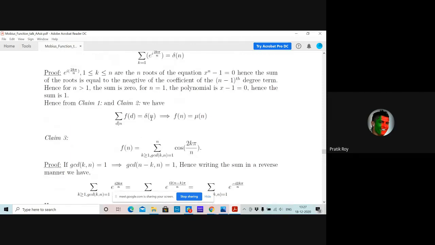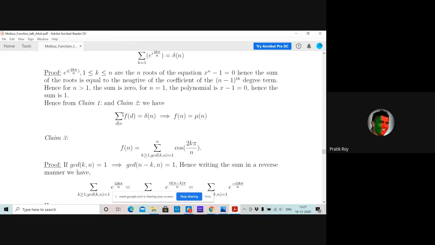And now, from one thing that Subhradip has said earlier, mu is one of the special functions, because in some respect it is the only function that has the property that if f star 1 is delta, then f is mu, and this function that we had taken as f n satisfies the same property.